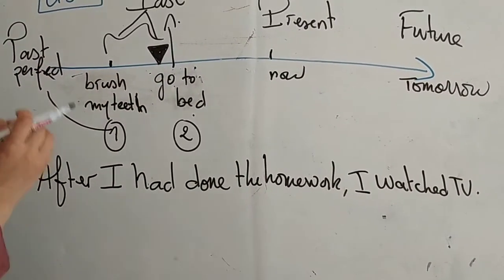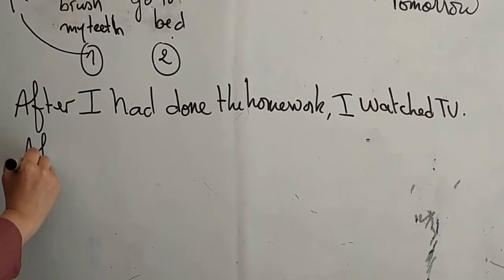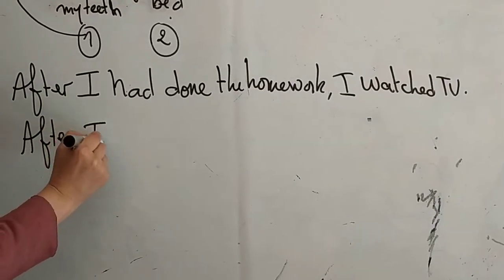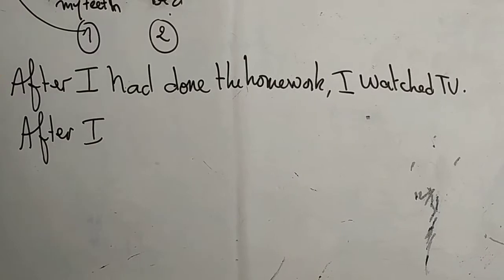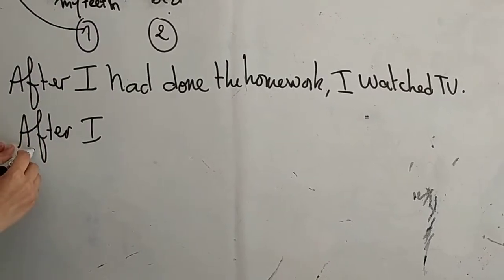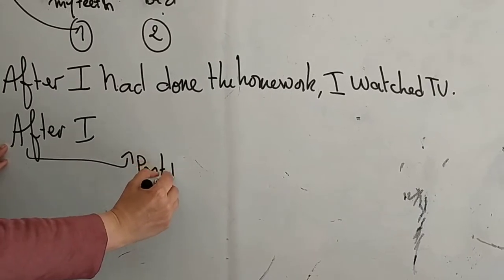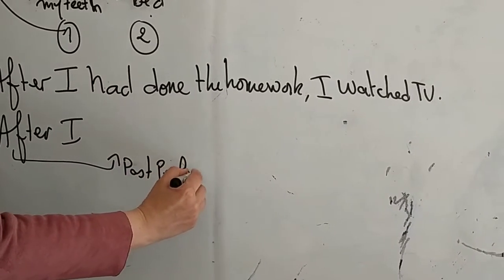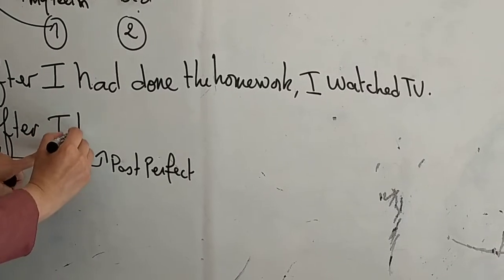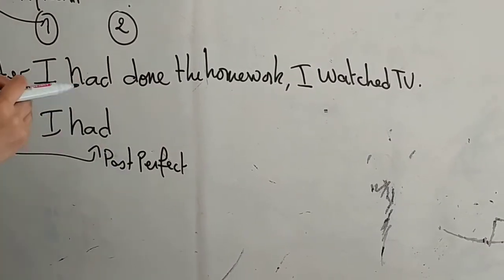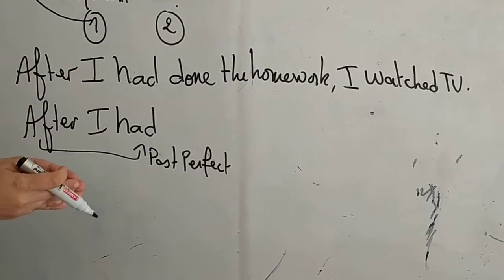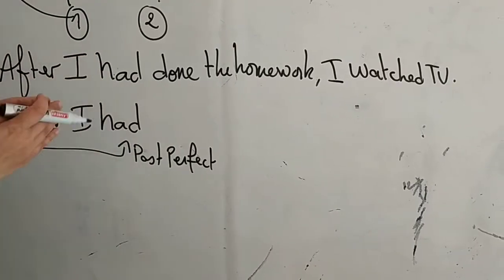Okay, so now what I'm going to say? After I, by the way, after is always followed by the past perfect. Okay, after I had, the structure of the past perfect is made of the subject followed by had.